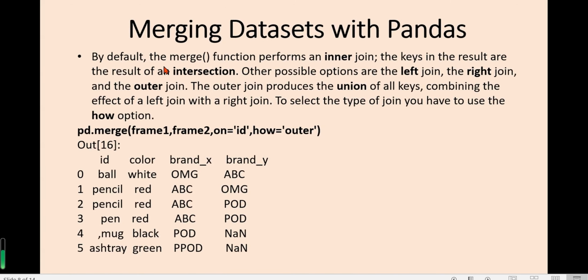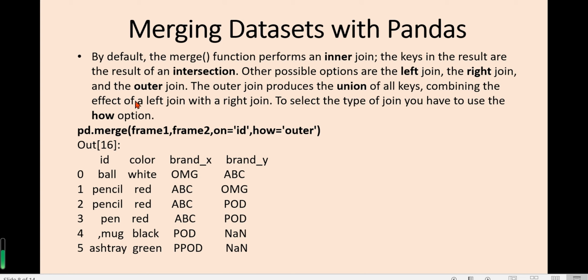By default, the merge function performs an inner join, so the keys in the result are the result of an intersection. Other possible options are the left join, the right join, and the outer join. The outer join produces the union of all keys, combining the effect of a left join with a right join.